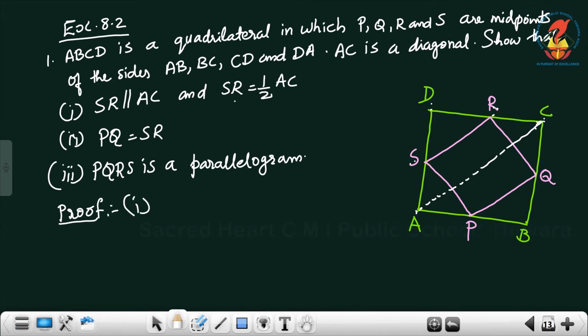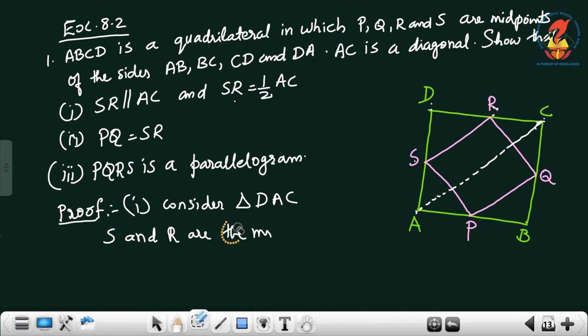First one, consider triangle DAC, S and R are the midpoints of AD and DC.